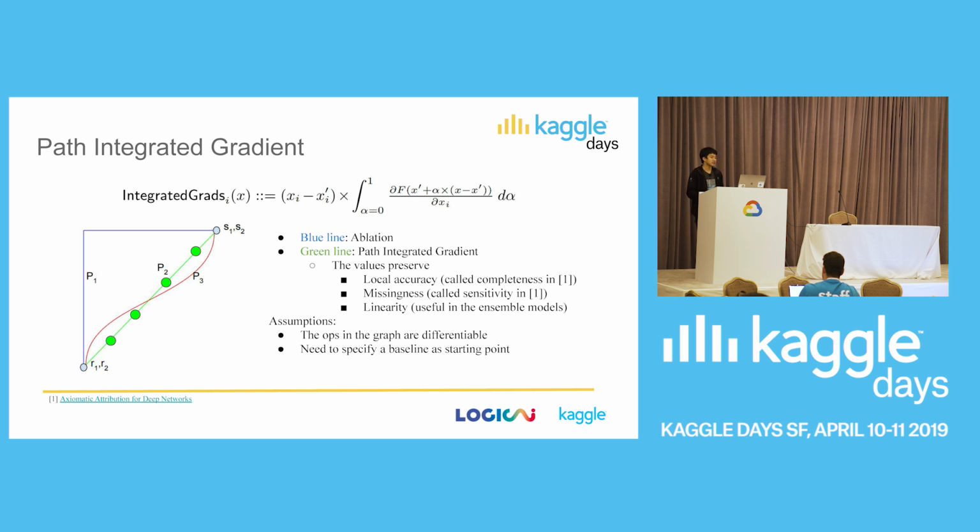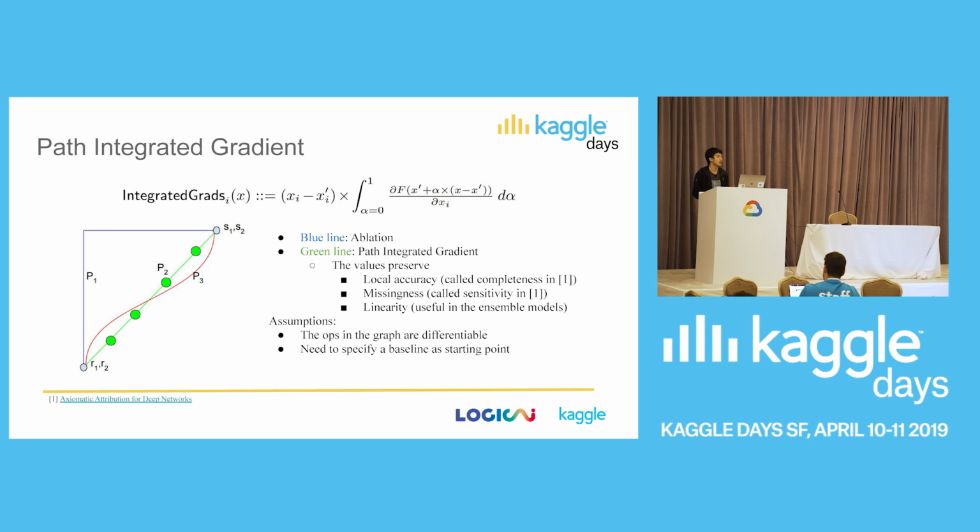To use this algorithm, there are certainly some additional assumptions. The first one is that all the operators in the graph should be differentiable. So if you have some kind of embedding lookup, probably you need to start from the embedding space. It doesn't work with non-differentiable operations. And also you need to specify a baseline which represents the no-information state.